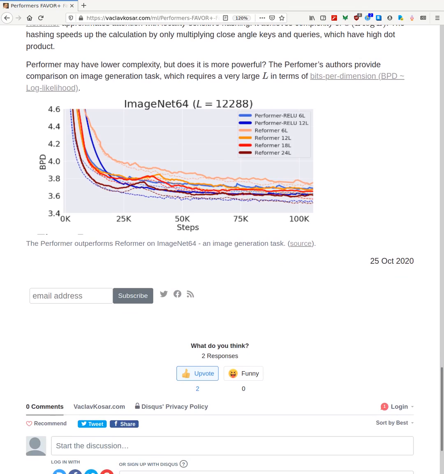So Performer has not only lower complexity, but from the graph in the Performer paper, it also outperforms Reformer. If you have a look at this graph, you will see that the Performer, for the same number of layers, outperforms Reformer on the ImageNet 64 task, which is basically language modeling on images.